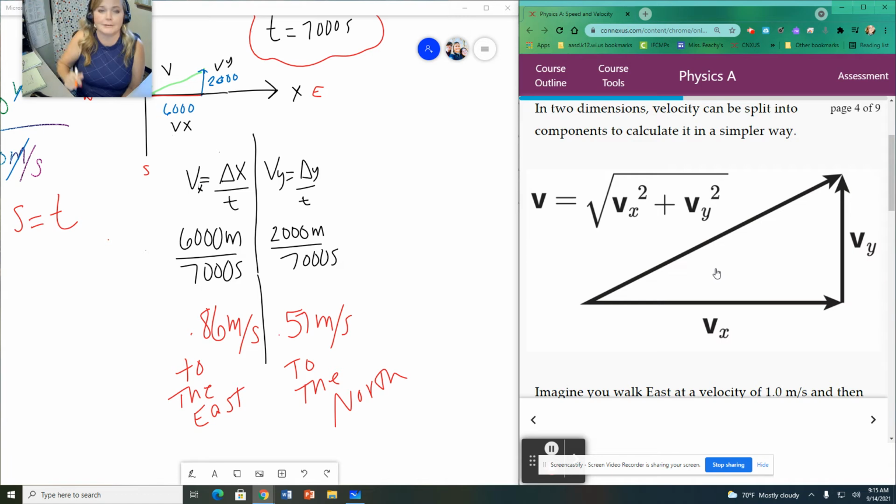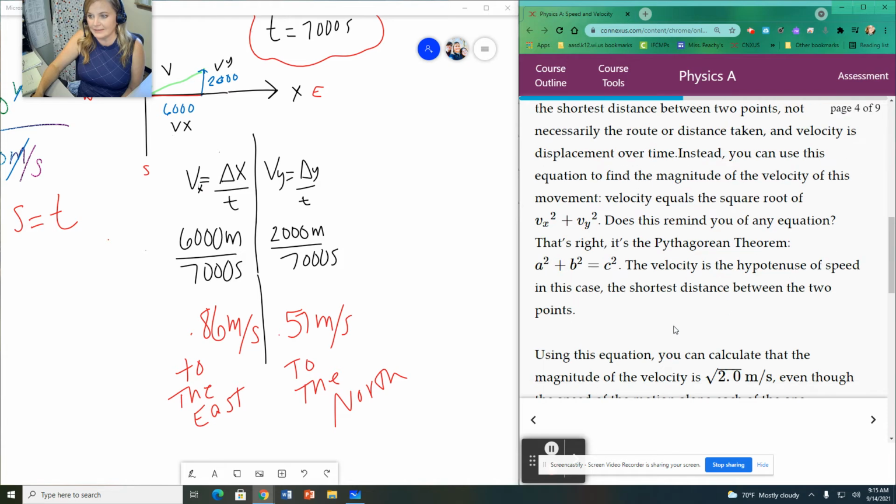So it talks about it here, basically, that our net velocity is going to be the square root of v sub x squared plus v sub y squared. We can take this and square it and add it to this and square it, and then take the square root of the sum of the two, basically using the Pythagorean theorem here, right, to figure out what v is.